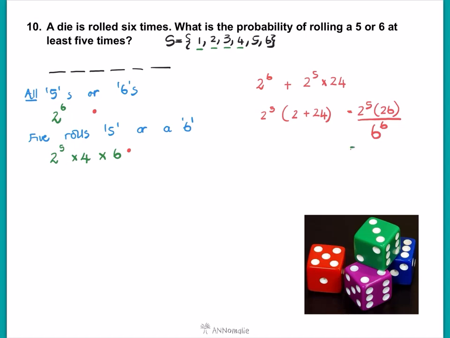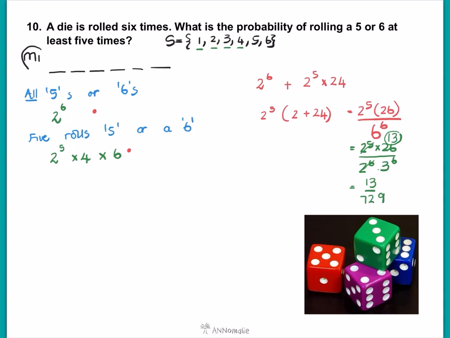Let's see. 2 to the power of 5 times 26, and we prime factorize 2 to the power of 6, 3 to the power of 6. That looks much simpler already. And we can cancel this, and a 13 will remain over here, and 3 to the power of 6 is easy to find, 729. Now that's method 1.